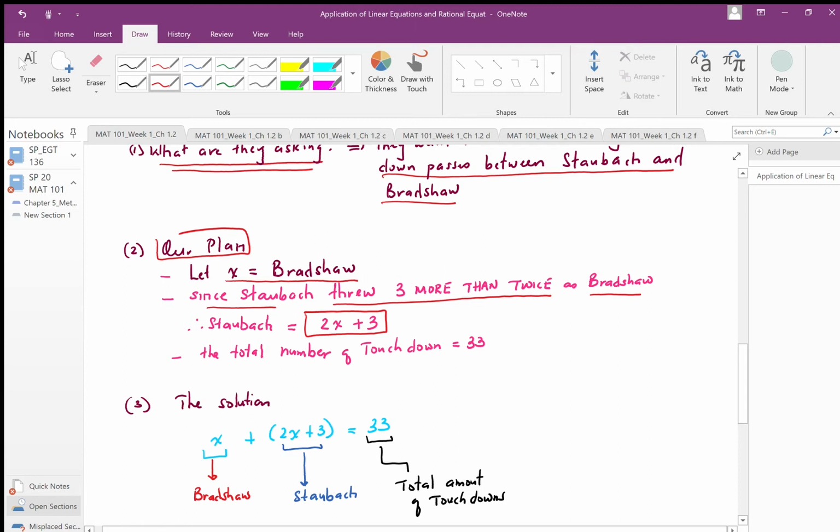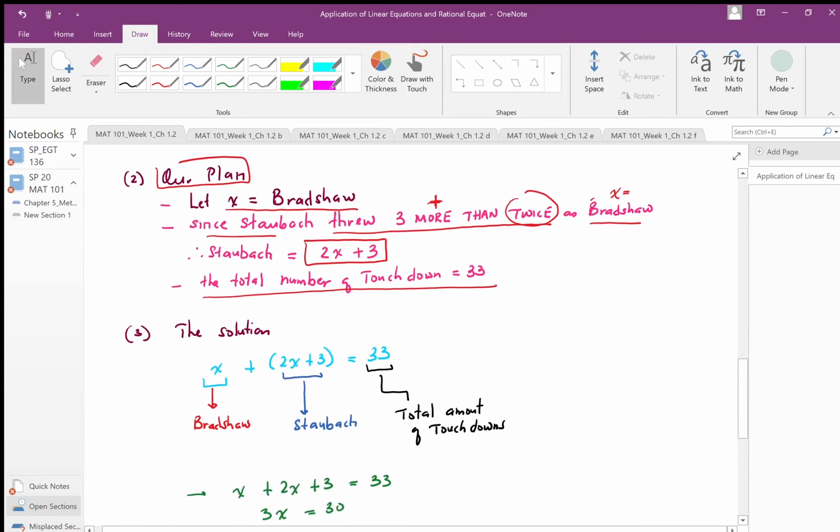Because Staubach threw three more. That more, in this case, is a plus sign. Three more than twice of Bradshaw. And Bradshaw, we said, we let that be equal to x. So that gives us a 2x plus 3 expression. And we know that the total number of touchdowns is 33.